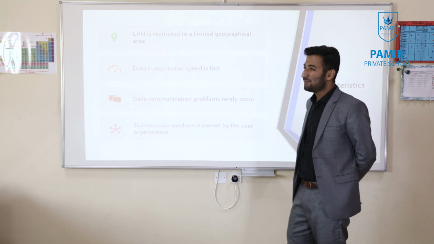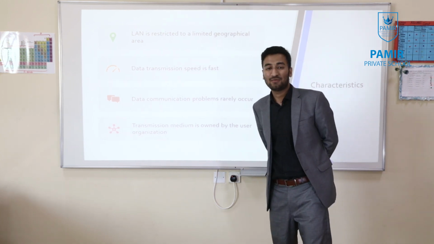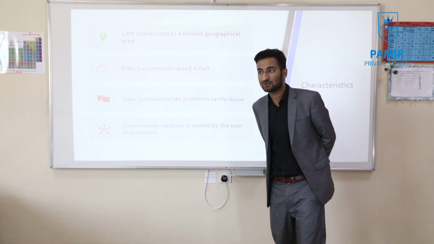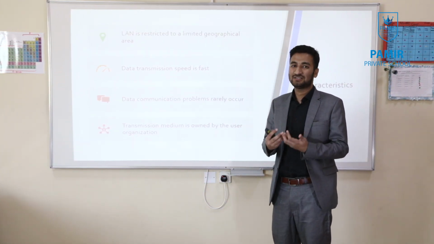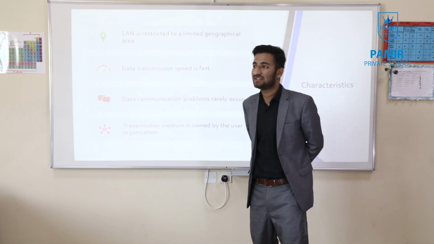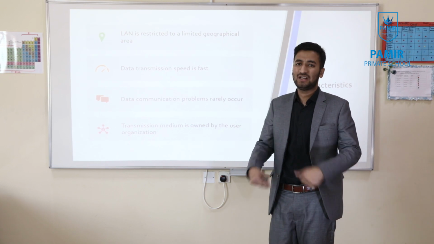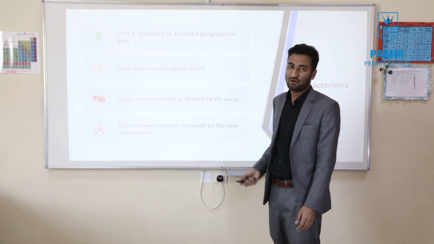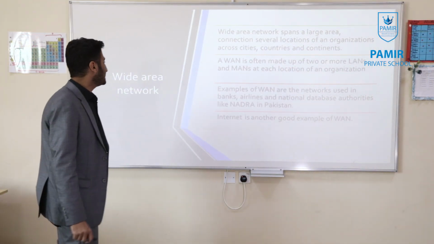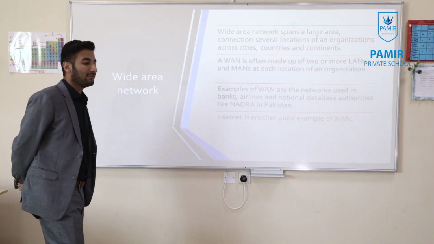Next, data communication problems rarely occur. As the computers and systems are fewer, there is less chance of a problem in a system. The next big thing is the transmission medium: you can use any medium you want, owned by the organization or the user.